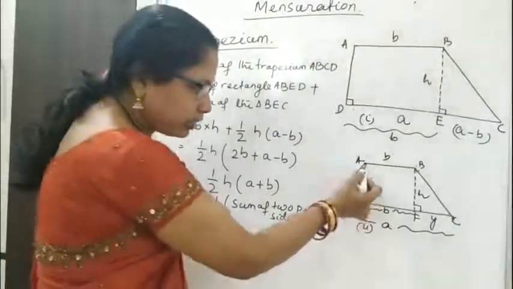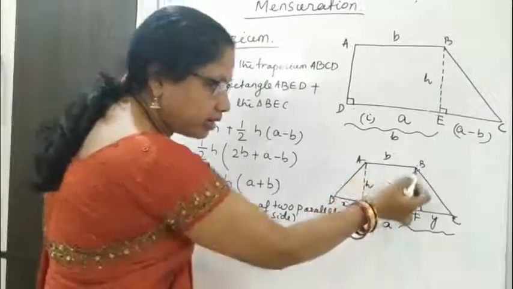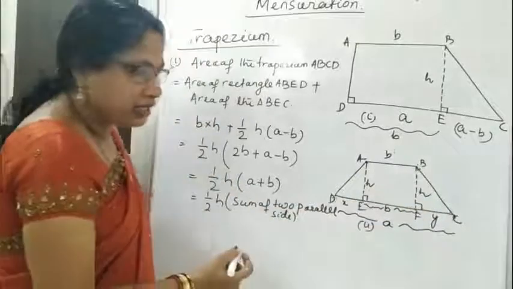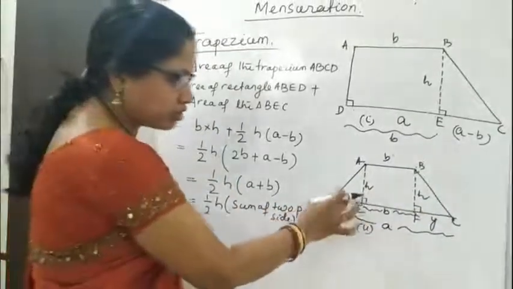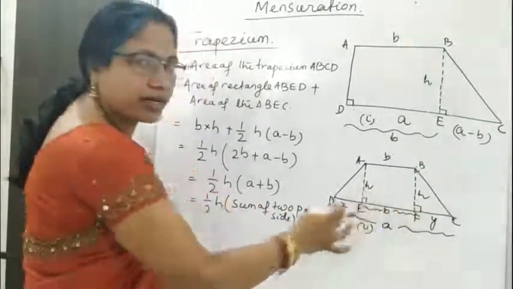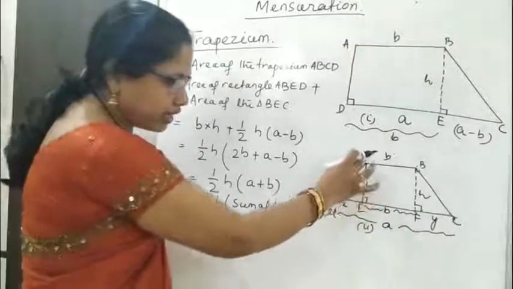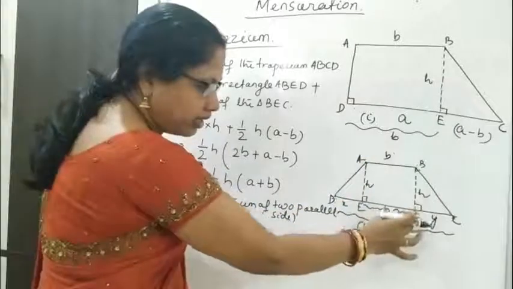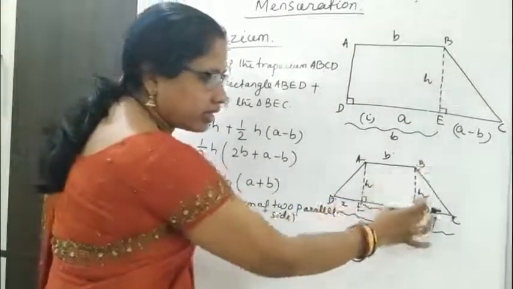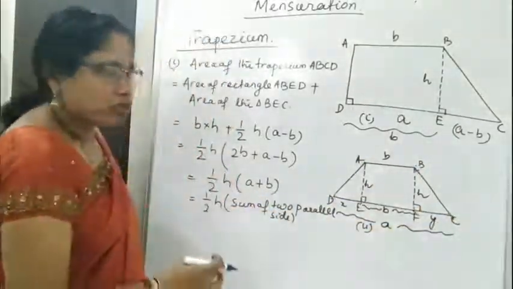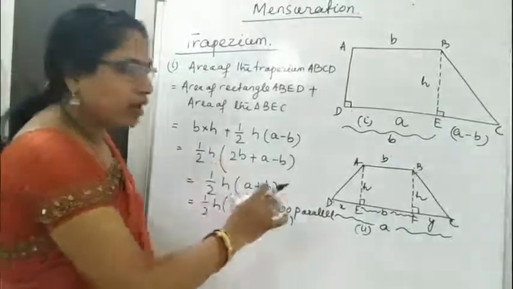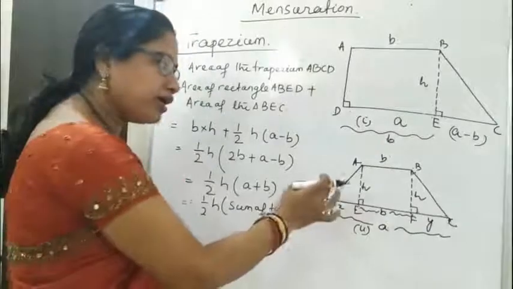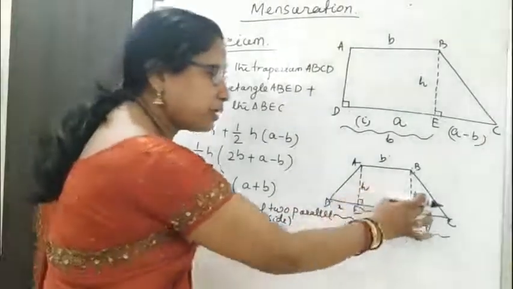By drawing the heights AE and BF, the whole trapezium ABCD is divided into three figures, two triangles and one rectangle. First is the triangle AED, then the rectangle ABFE, then another triangle BFC. To find the area of the trapezium ABCD, we have to find the area of these three figures.